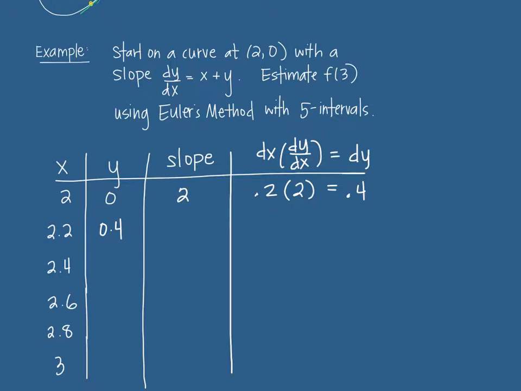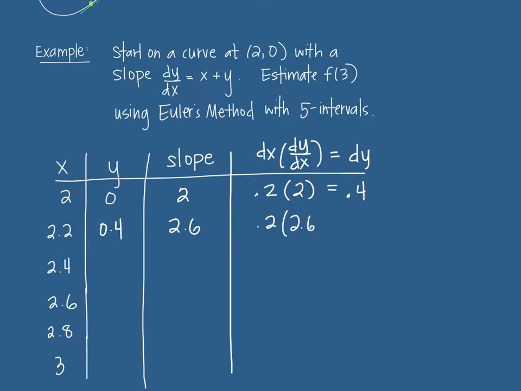Okay, so now we're going to find the new slope. We've moved to a new position, but we're going to make a turn. So we'll take this new current x and y, and plug it into x plus y. What do we get? 2.6. That's our new slope. Our increment is still 0.2 because we're going to move another 0.2 in the x direction.